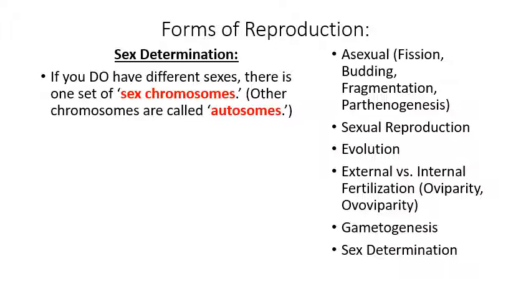And the chromosomes that don't determine which sex we are are referred to as autosomes. Autosomes carry all of the genes that have nothing to do with what sex we are. There is usually a pair of chromosomes that are called the sex chromosomes. In humans, that is chromosome set number 23.